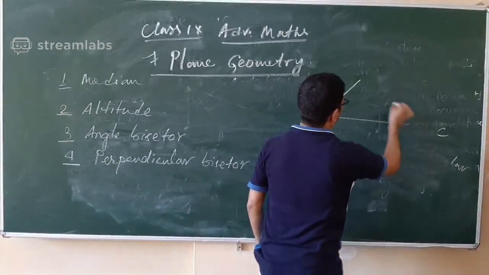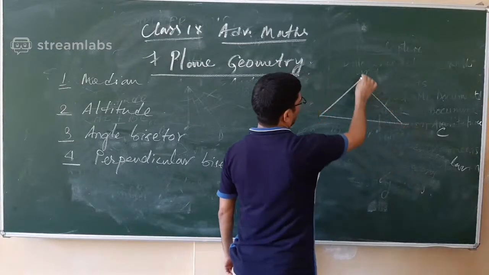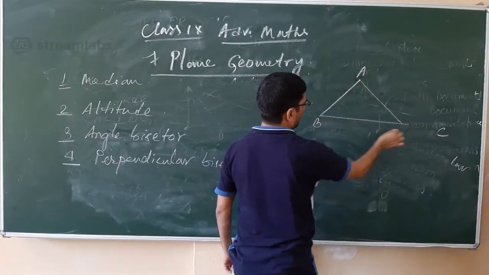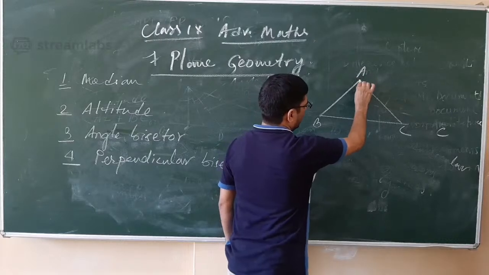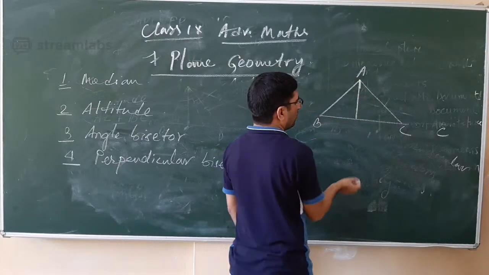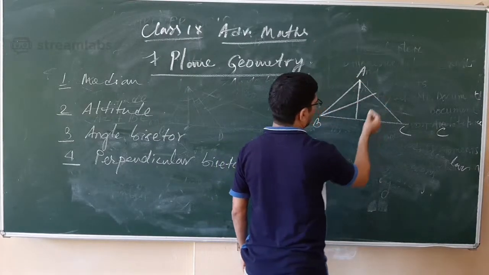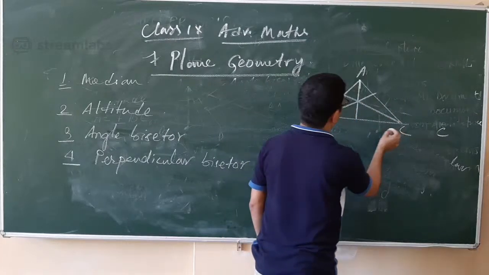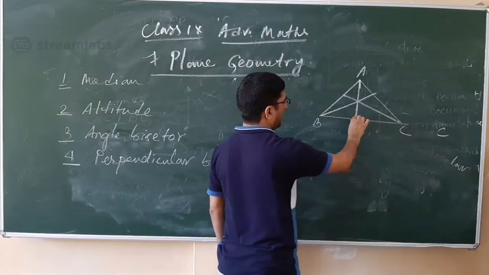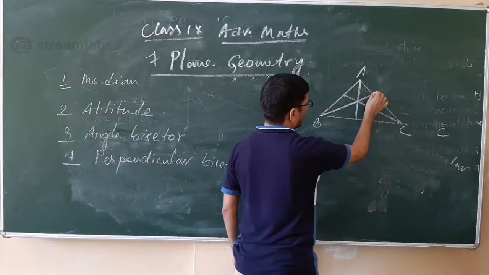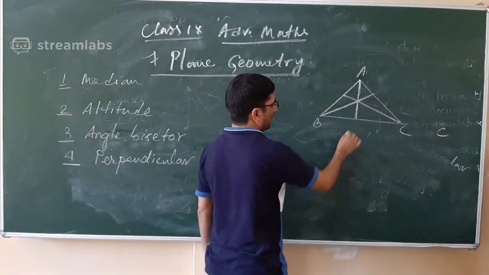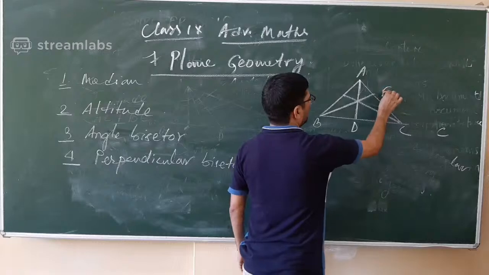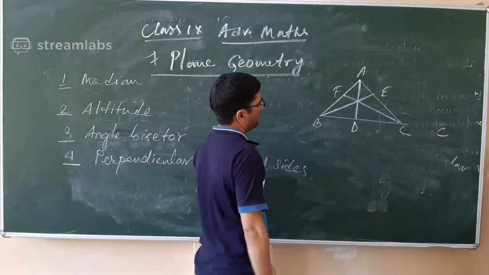In this triangle ABC, if this is a median, we can draw the other two medians, through vertex A one median, through vertex B another one, and through vertex C another median. We have drawn the three medians. Suppose AD, BE and CF.